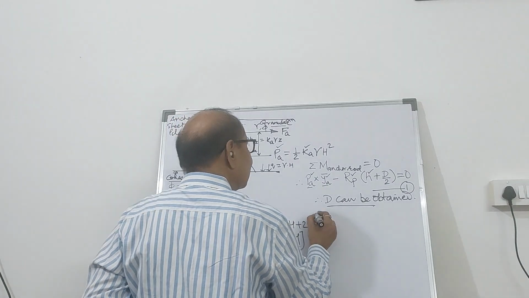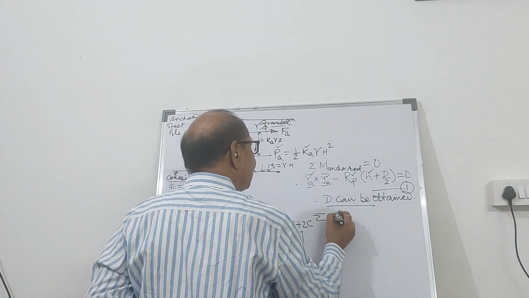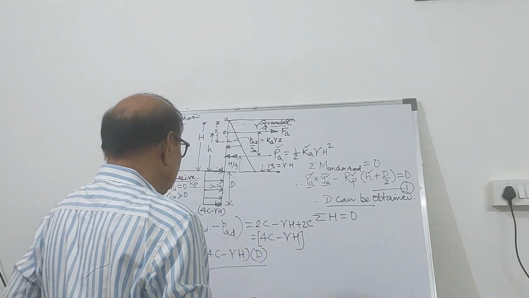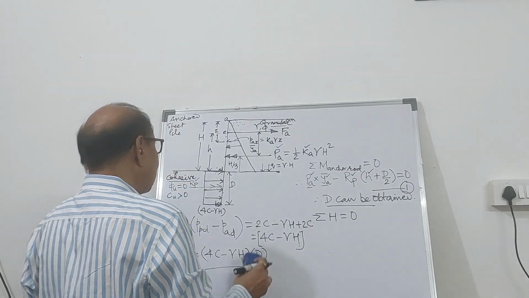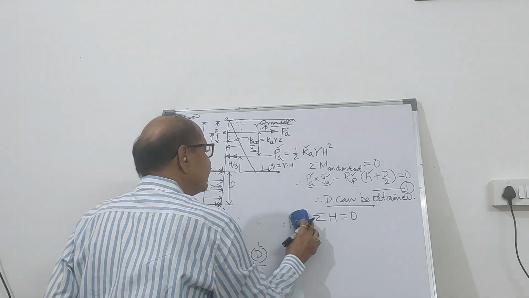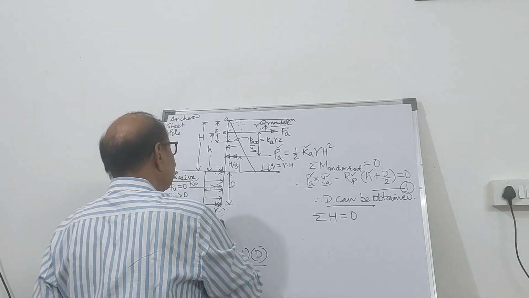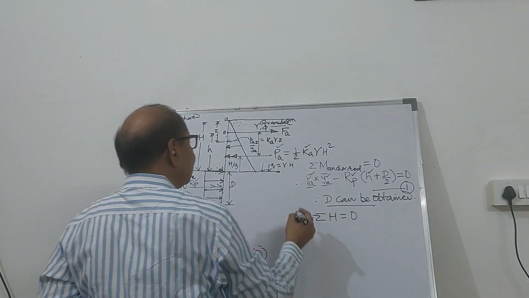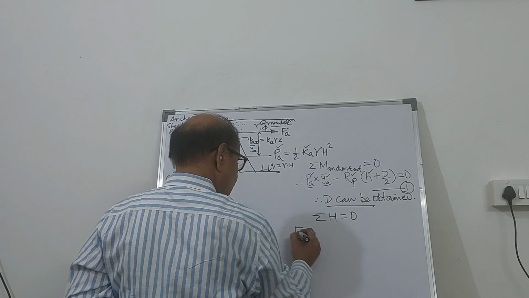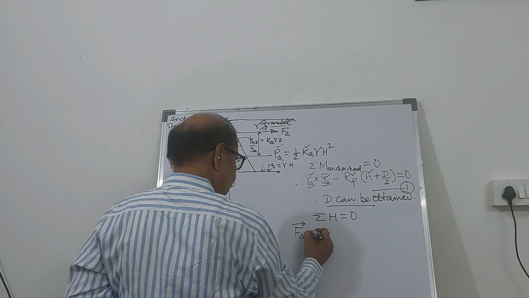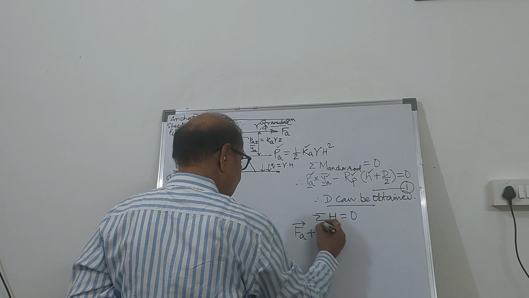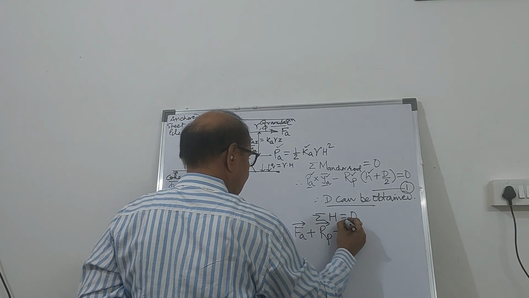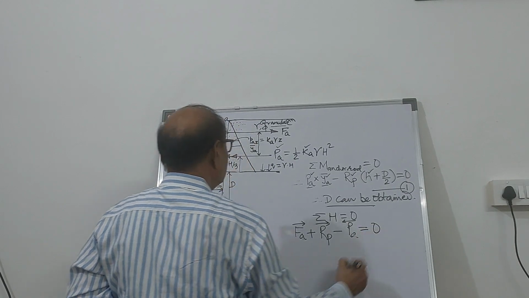Now, the algebraic sum of all the horizontal forces must be equal to 0. For calculating this algebraic sum, you know that Fa is acting, plus Rp, minus Pa must be equal to 0.